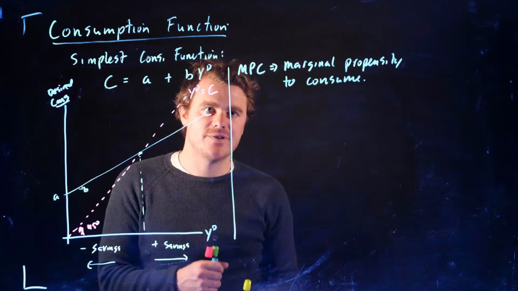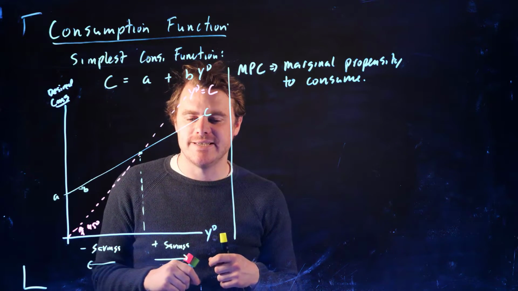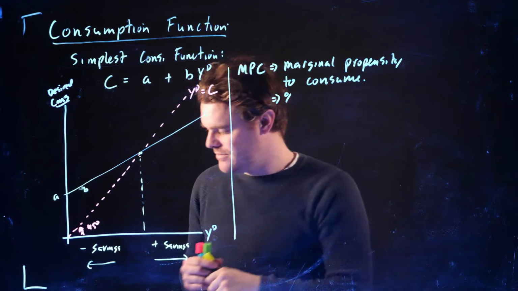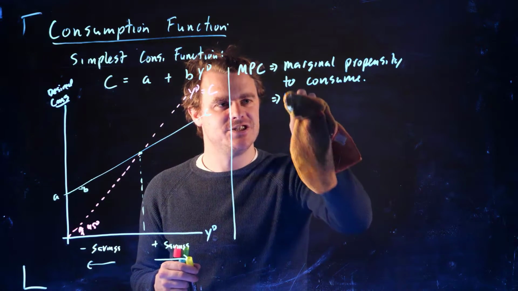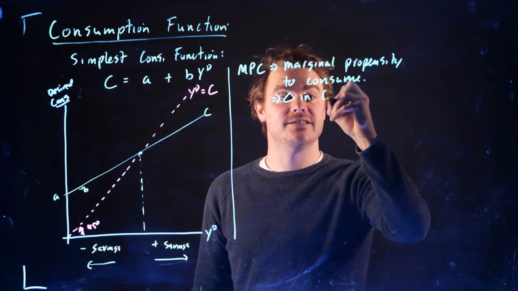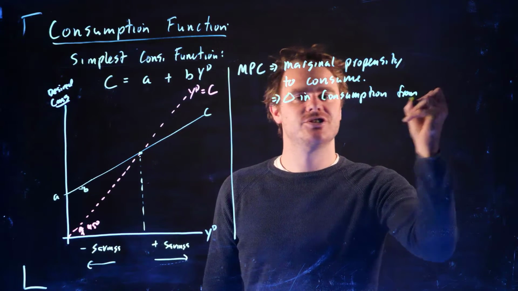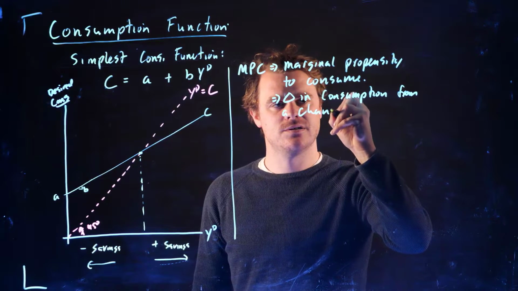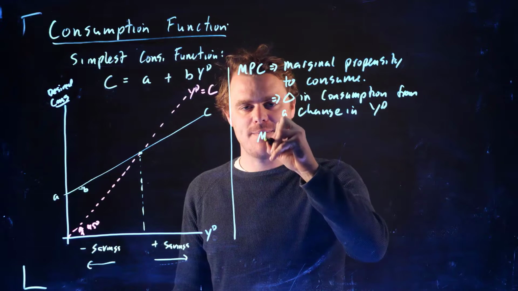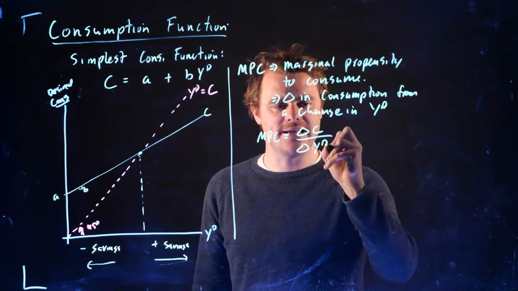So what that's saying is if your disposable income went up by $1, how much do you change your desired level of consumption? So it's the change in consumption from a change in YD, in disposable income. So MPC equals this change in consumption from a change in YD.